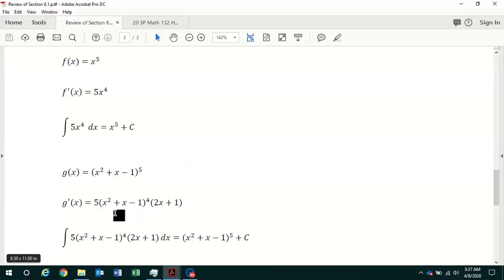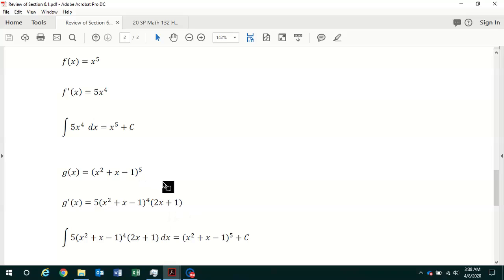But then we have to multiply that by the derivative of what's inside the parentheses. And the derivative of x squared is 2x, the derivative of plus x is plus 1, and the derivative of the constant minus 1 is 0. So the derivative of g of x is equal to 5 times this in parentheses raised to the 4th power times the derivative of what's inside the parentheses, 2x plus 1, by the chain rule.